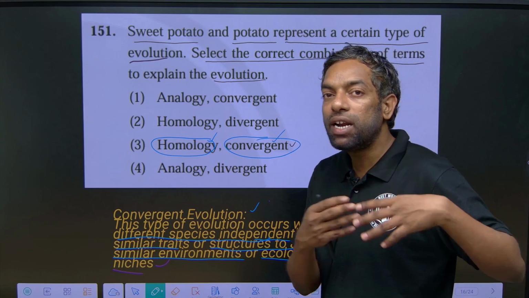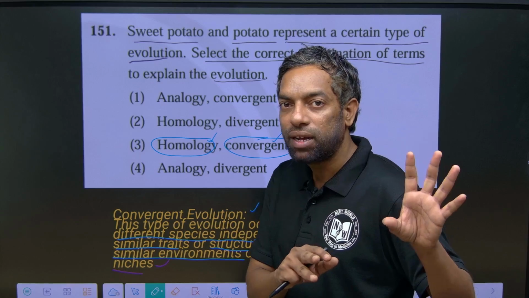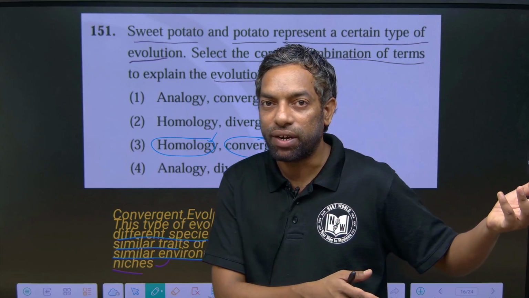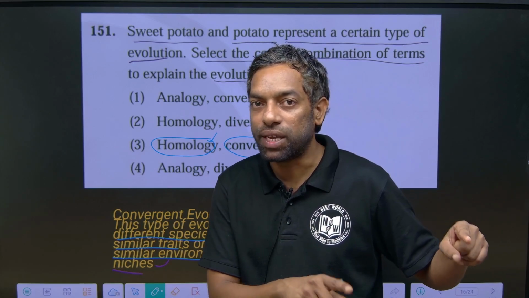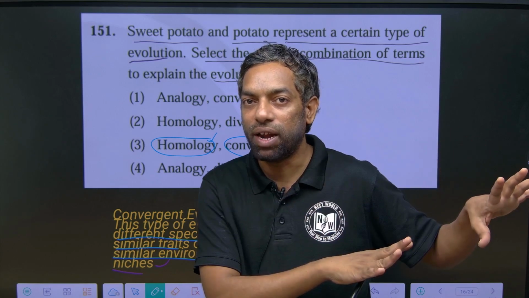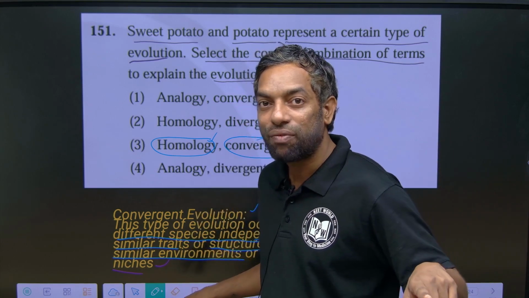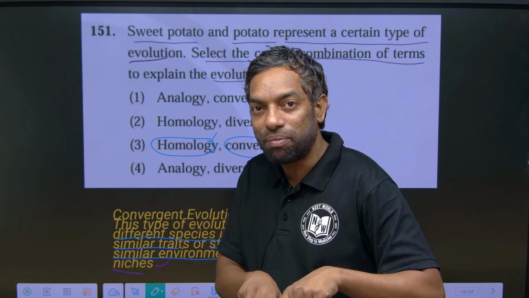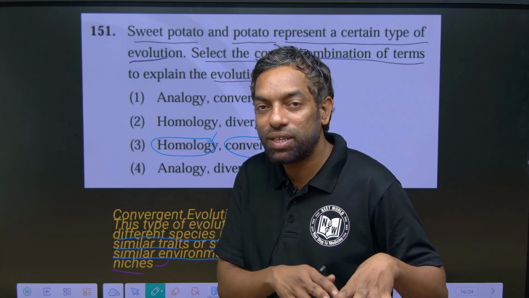If they expand into different environments, the action is different, even though the origin is the same, and they modify into the different environment. But in convergent evolution, the environment is the same, so the action is the same.